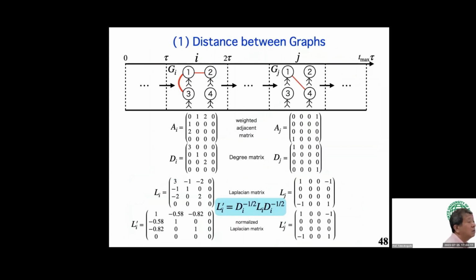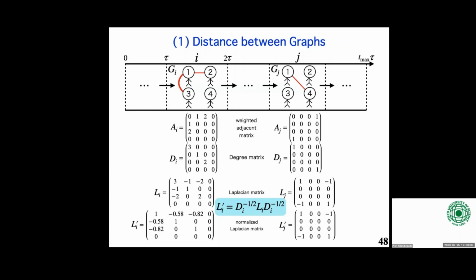Next, how do we measure the distance between graphs? Please look at this slide. At the top of the slide, we have a temporal network divided from the contact data. Let us assume that we already have contact data, and it is already divided into temporal windows.